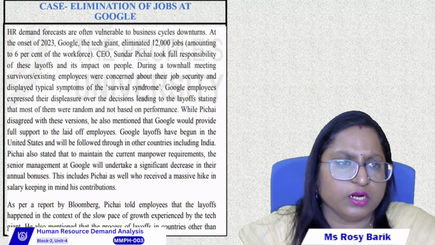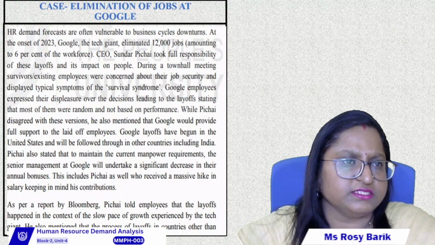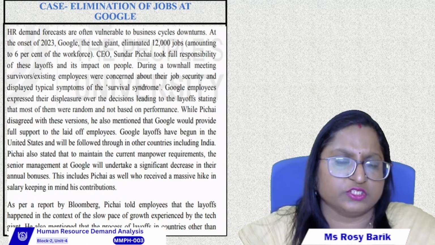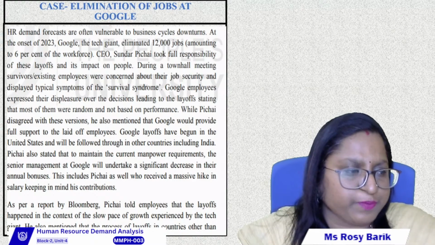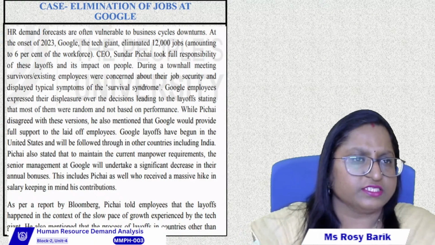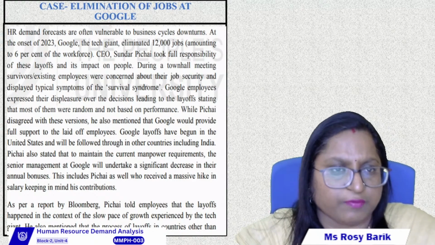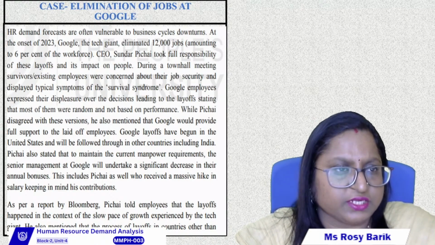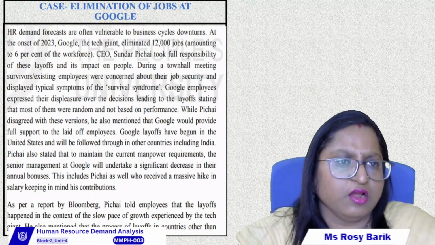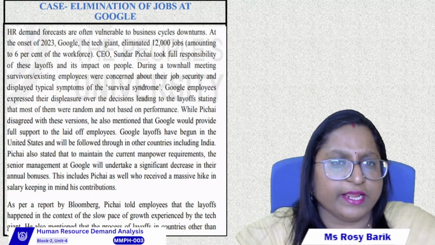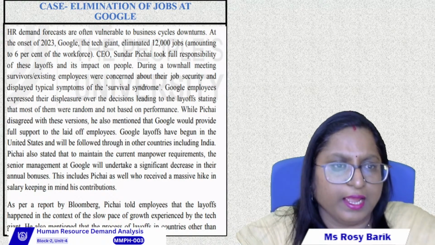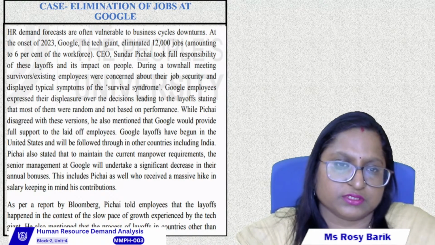During a town hall meeting, supervisors and existing employees were concerned about their job security and displayed typical symptoms of survivor syndrome. Google employees expressed their displeasure over the decision leading to layoffs, stating that most of them were random and not based on performance.